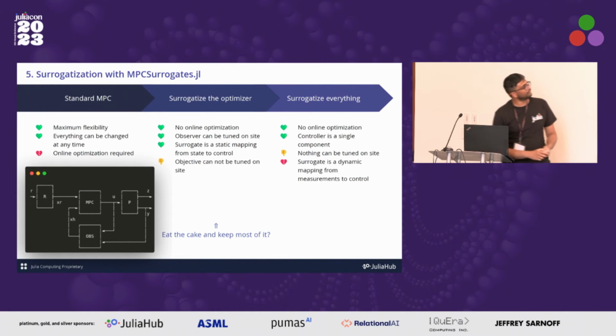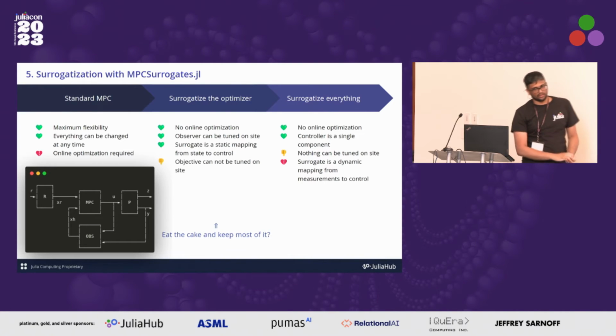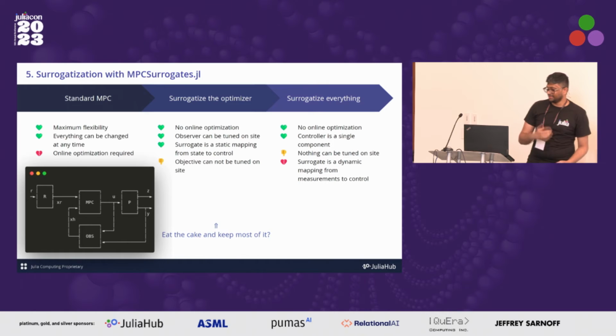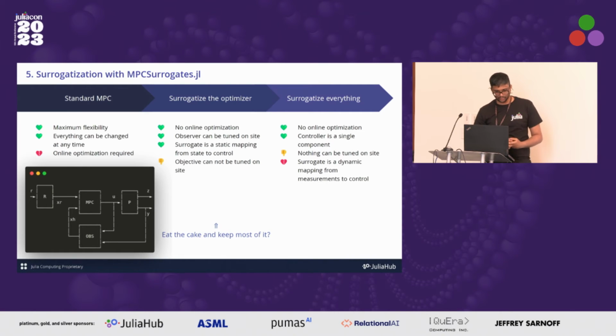So we have so far primarily looked at the standard MPC, where the control law is defined implicitly through the optimization. But if we want to just surrogatize the optimizer, it's a static mapping from the state estimate and the reference to the control law.